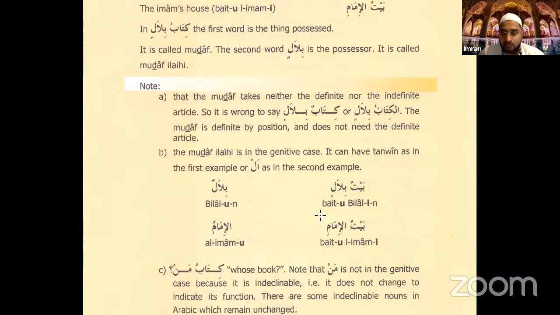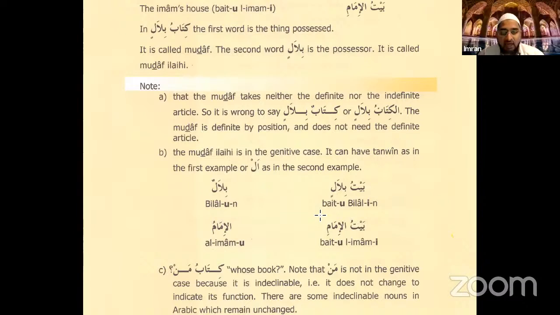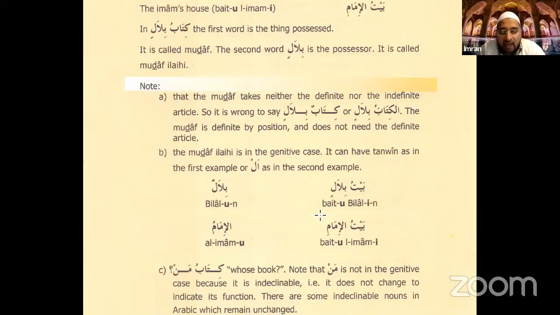So there are some words which do not take tanween, while Bilalin takes a kasra tanween. For example, if I said house of Ibrahim, I will say Baytu Ibrahima. There are some words in the Arabic language which do not take kasra tanween, they only take a dhamma or a fatha.